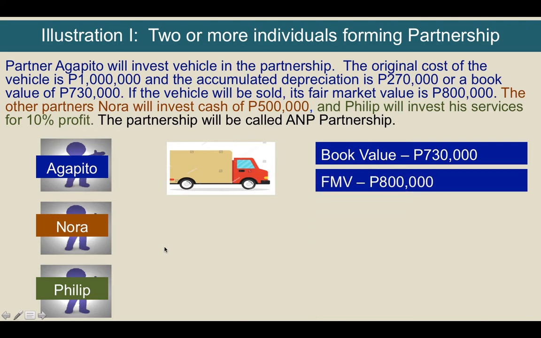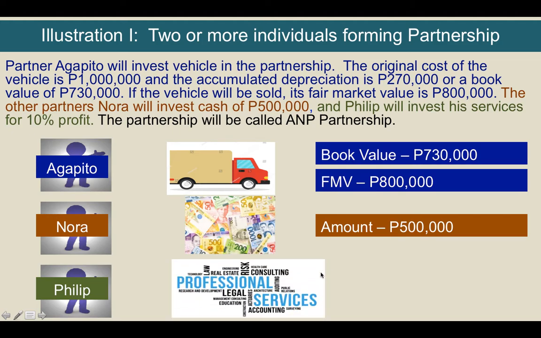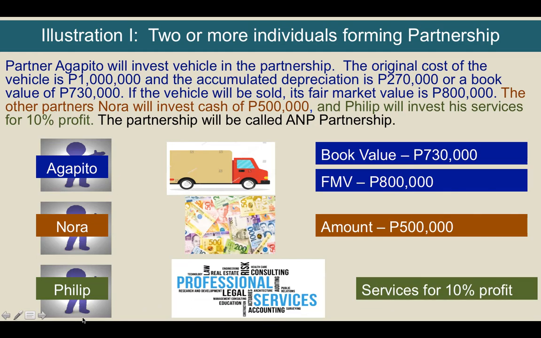However, there is a willing buyer at 800,000, so the fair market value is 800,000. Nora will invest cash worth 500,000, and Philip will invest his professional services. And by investing professional services, Philip will get a share of 10% from profit.